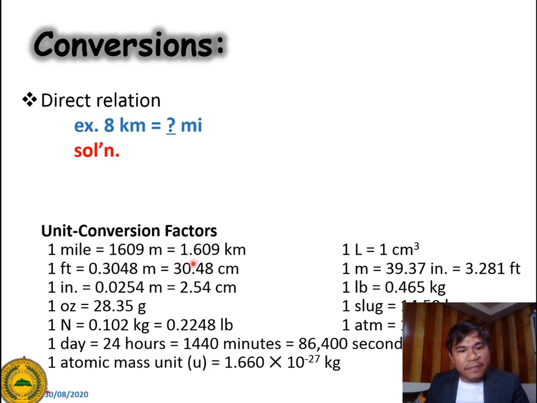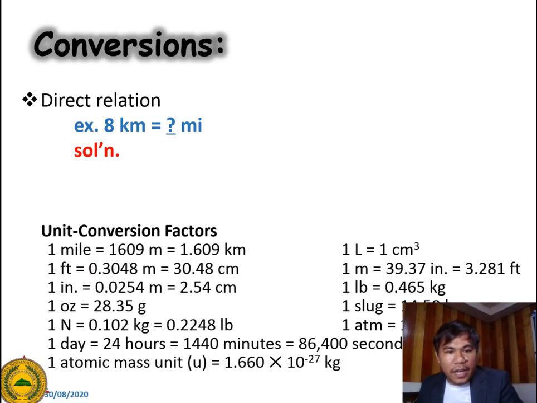So if you only know this, for example, and you need to convert 8 kilometers into miles, under this category this is a direct relation, because kilometers are in your conversion factors. You have in mind that 1.609 kilometers is related directly to 1 mile, and so we can perform the calculations immediately.